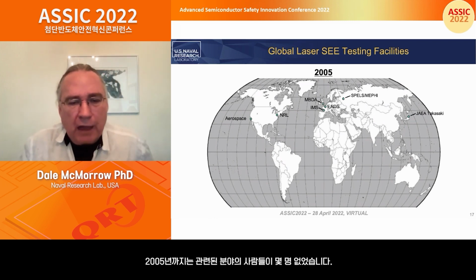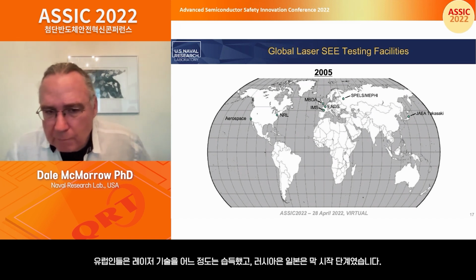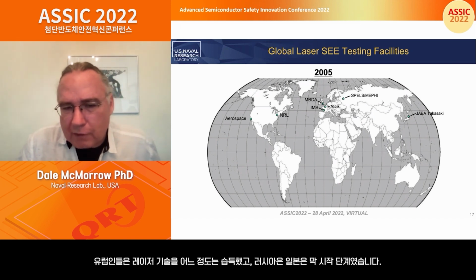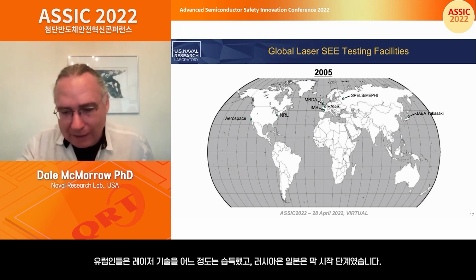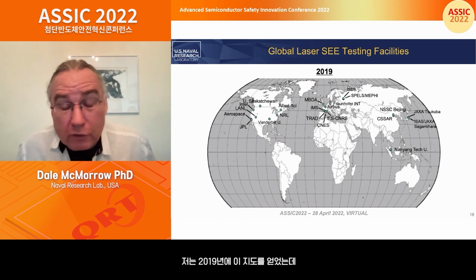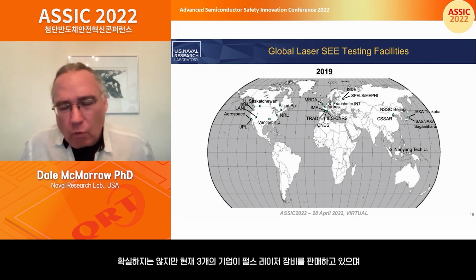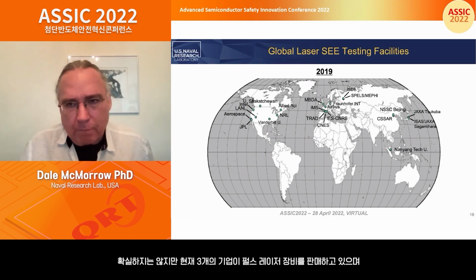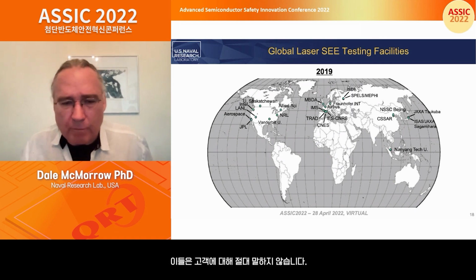By 2005, there's a few more people involved. The Europeans picked up the laser technique in a big way. The Russians and the Japanese started dabbling in it. Okay, and then by 2019, I've got this map here, which I am certain is not complete, because we now have 3 commercial companies building and selling pulse laser SEE test setups, and they don't tell us who they're selling them to.